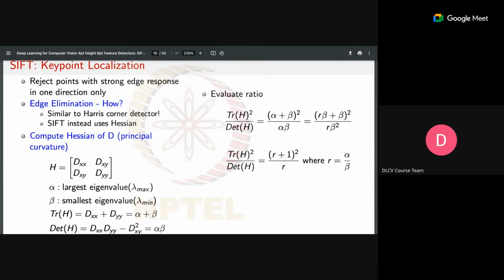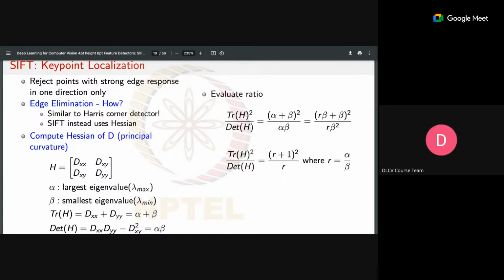If you remember edge detection, the smallest and largest eigenvalue give us the edge. If lambda 1 is greater than lambda 2, or lambda 2 is greater than lambda 1, it gives you the edge, whether there is an edge or not.